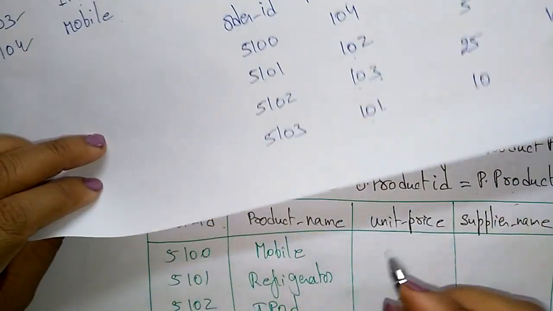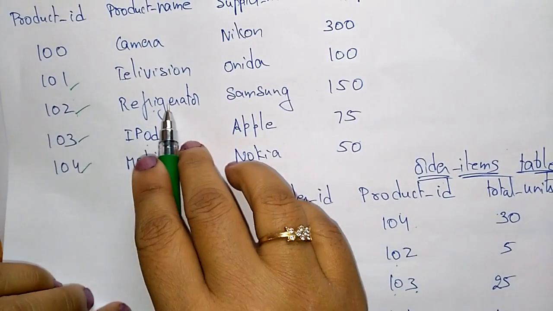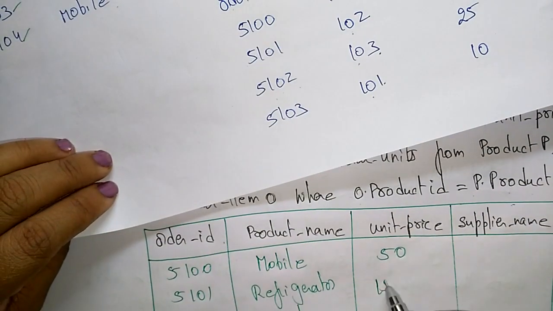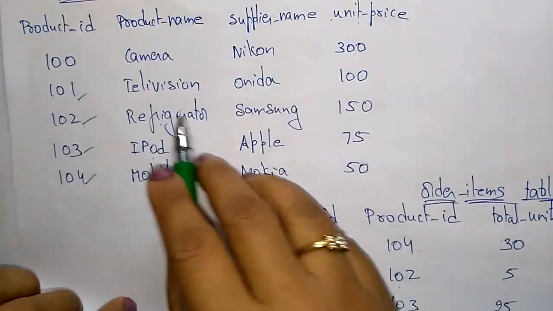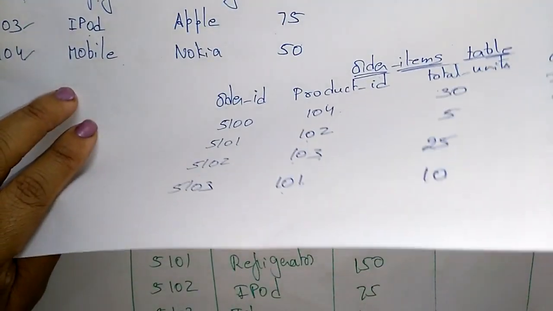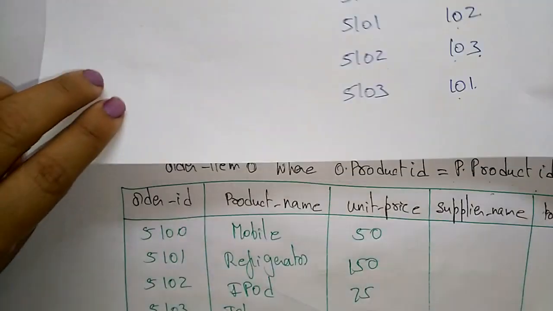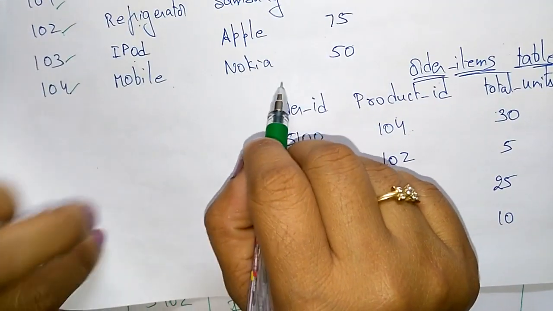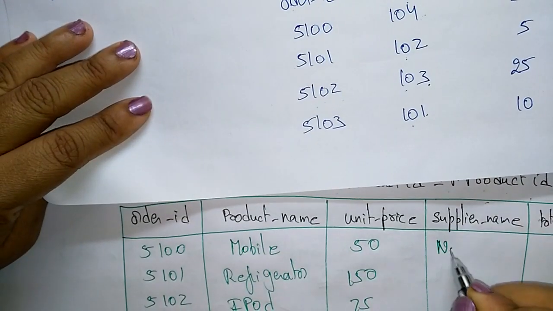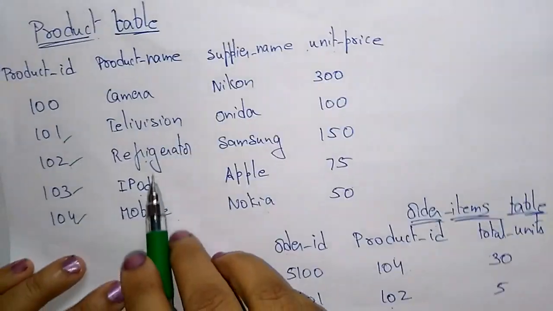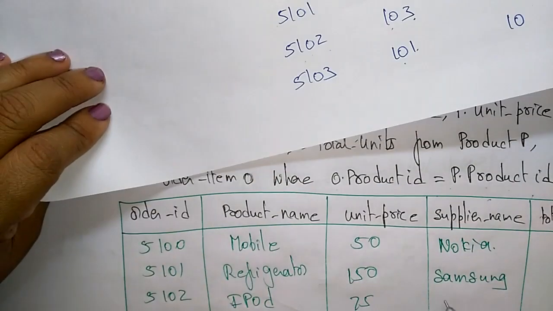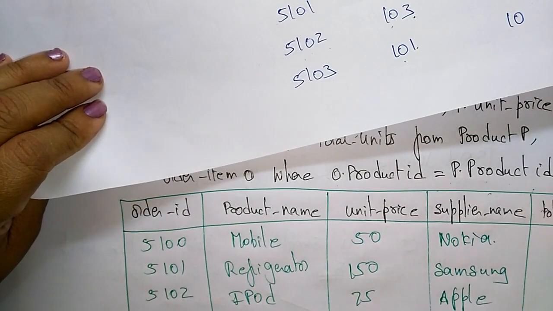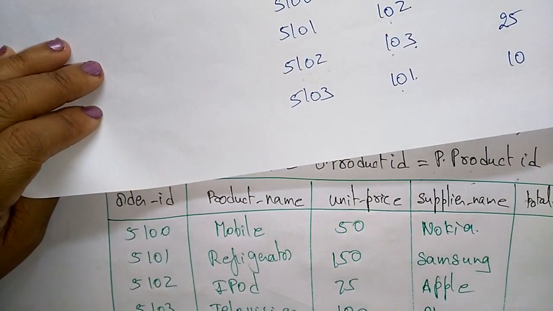Now coming to the unit prices. For mobile the unit price is 50, refrigerator 150, iPod 75, and television 100. Now the suppliers: mobile suppliers are Nokia, refrigerator suppliers are Samsung, iPod suppliers are Apple, and television suppliers are Onida.